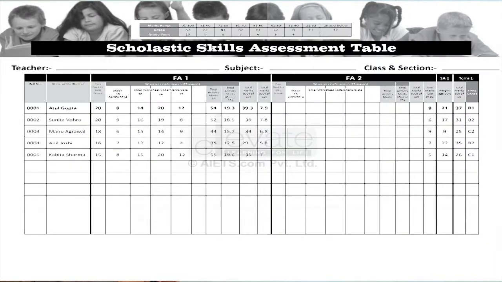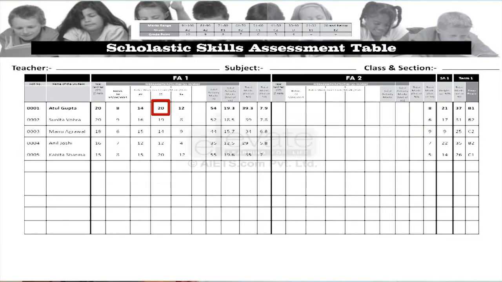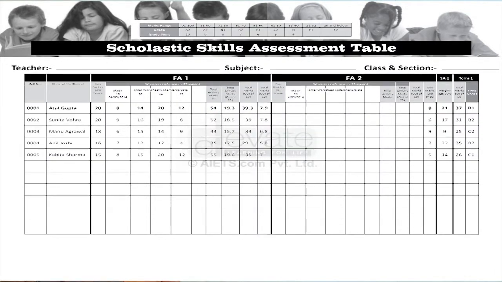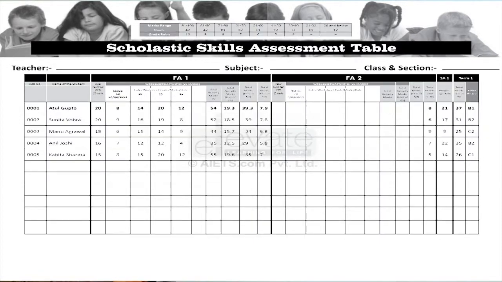In other activity, he got 14 out of 20, then 20 out of 25 and 12 out of 15. This way he got 54. We did this calculation. And this way he reached 19.3 out of 25. As he got 54 out of 70, we synchronized. The moment we multiply 54 upon 70 by 25, we get 19.3.